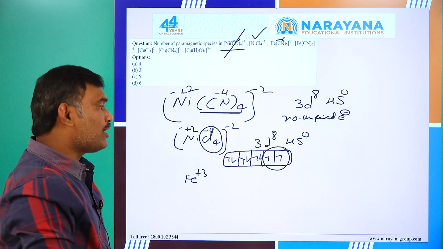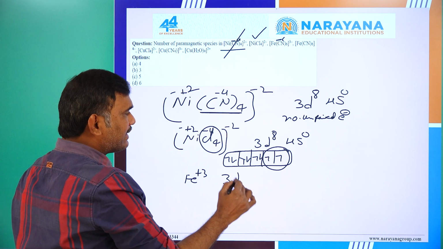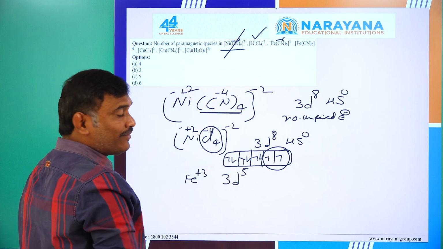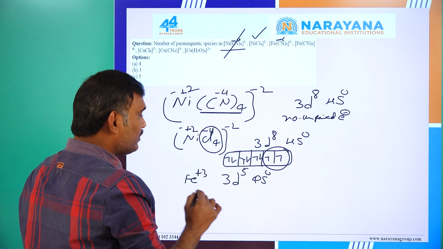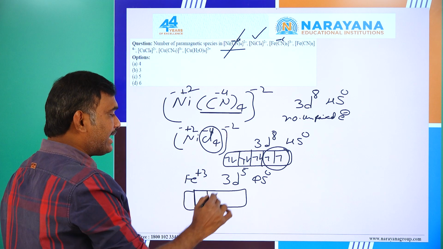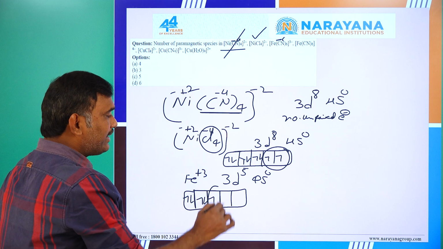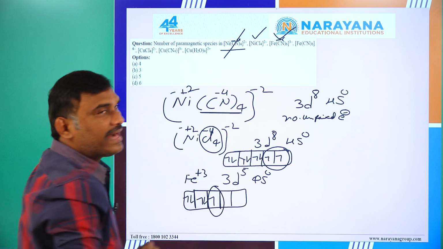Now cyanide is a strong field ligand. Iron is generally 3d6 4s2, that is 3d5 4s0 for +3. Even though it is a strong field ligand, there is one unpaired electron. That's why it should also be paramagnetic.